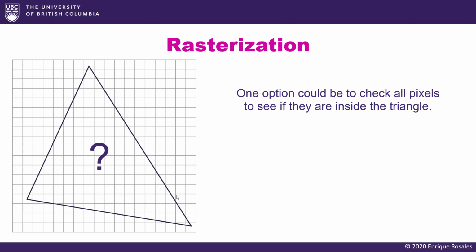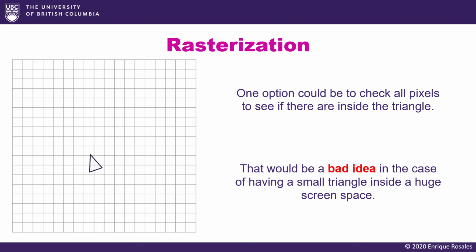The problem is that this is a particularly bad idea if we have something like this, right? You can have a huge image with a lot of pixels and just a very tiny triangle in the middle, right? And this is something that we usually have, not because we have a single triangle in the scene, but because we have a huge model that maybe has millions of polygons or millions of triangles, and those triangles are indeed very small compared with the entire image, right?